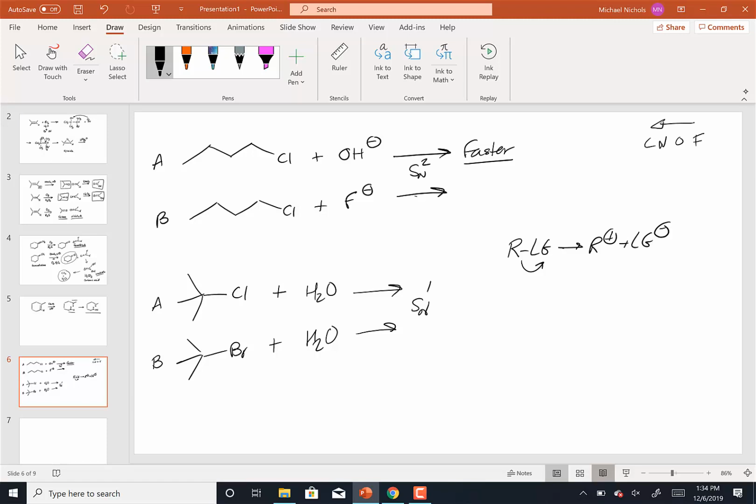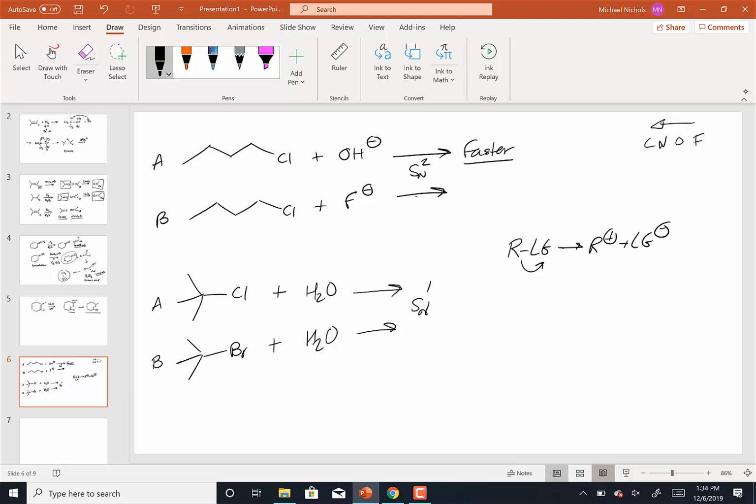First step's rate determining step. Is the leaving group part of that? Yeah. Better leaving group, faster reaction. So leaving group does play a role. Better leaving group is going to create a faster reaction.